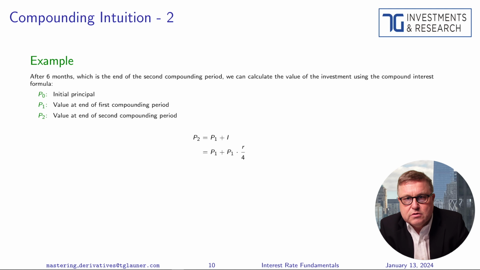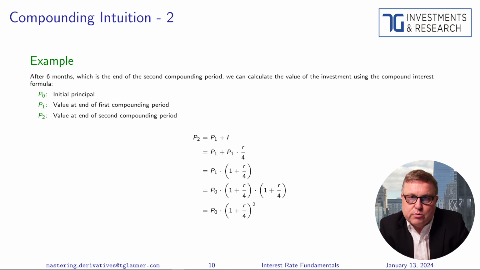Continuing this pattern through subsequent quarters leads us to realize that with each new period, we are calculating interest on an increased principal amount due to prior compounding. So we end up with P2 equals P0 times 1 plus R over 4, squared. I will let you digest this derivation for a few seconds before moving on.